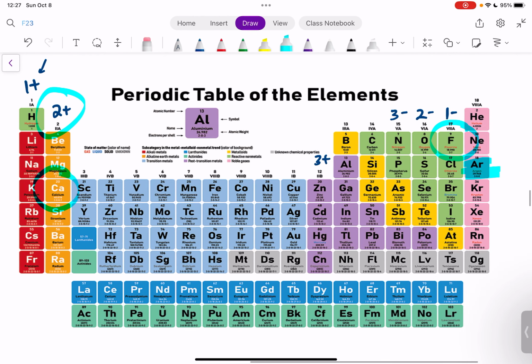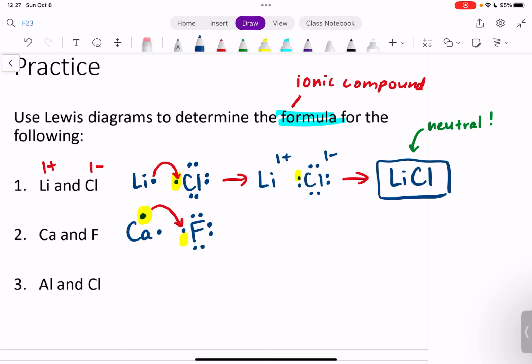So calcium's like, I want to give away this other electron. And another fluorine atom is like, oh, calcium, I see you've got this extra electron. I would love to take that off your hands, because we've got some other fluorines hanging around, and this fluorine also wants an electron, just like that other fluorine did. So calcium's like, okay, perfect, I'm going to give you my other electron, and now we're all happy.